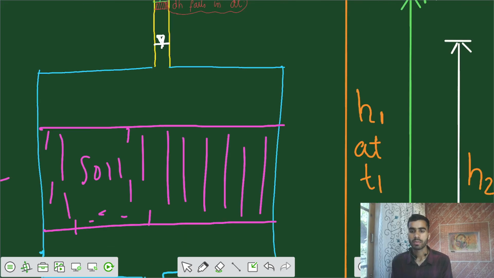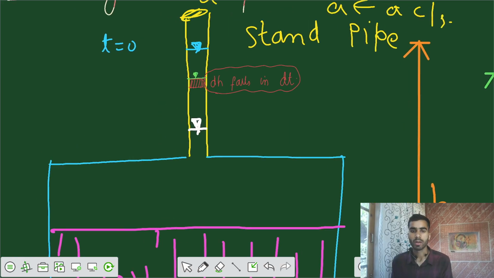The volume fall in that time dt is the area of the cross section of the standpipe times that small height dh. That's the volume fall in small time dt.